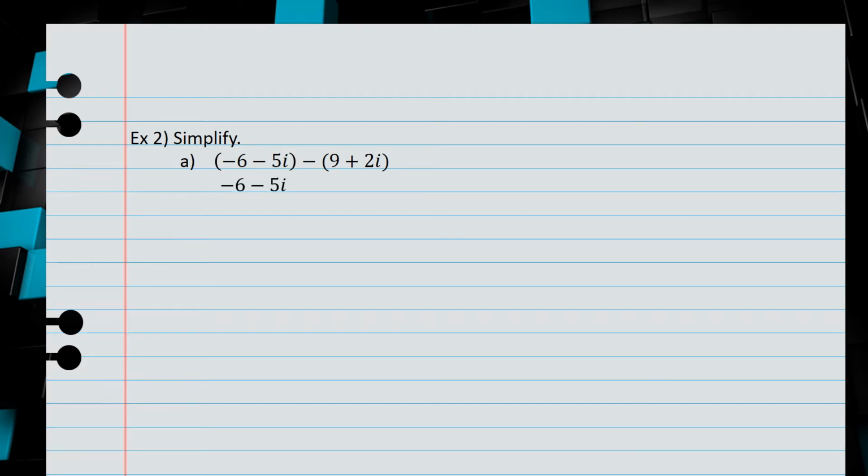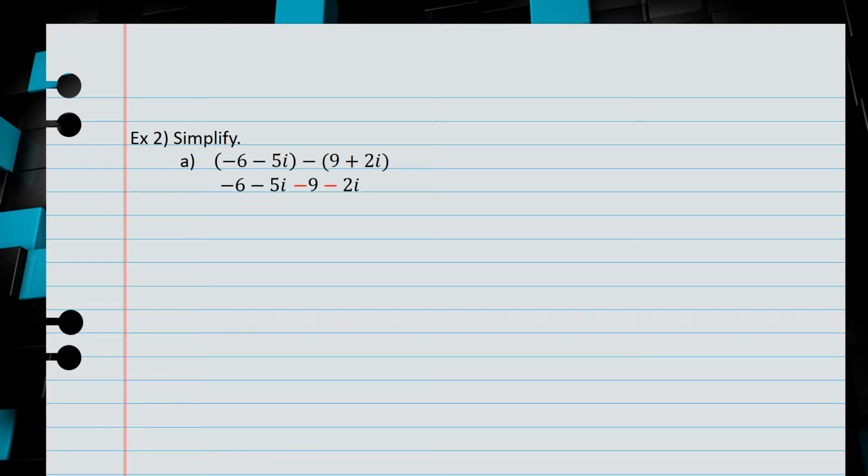The second parenthesis set has a minus sign in front of it, which can be interpreted as the opposite of. So the opposite of 9 and the opposite of 2i results in negative 9 minus 2i. So we did distribute.